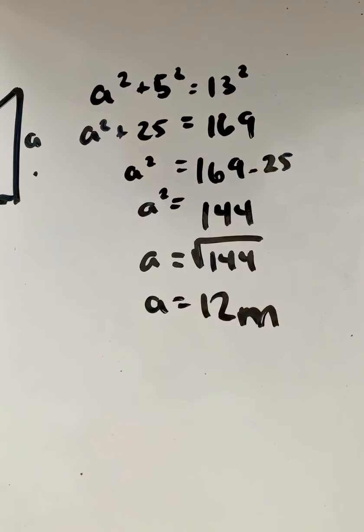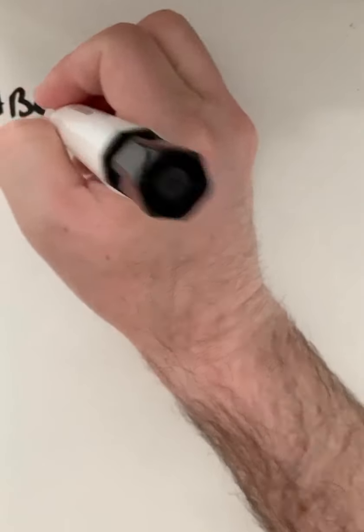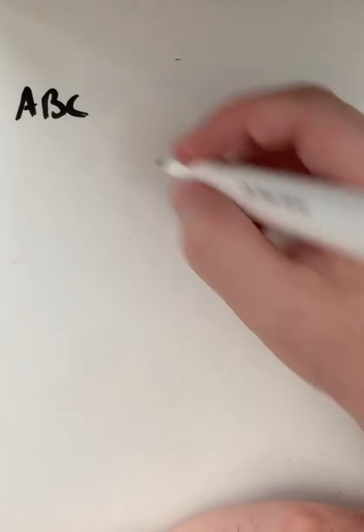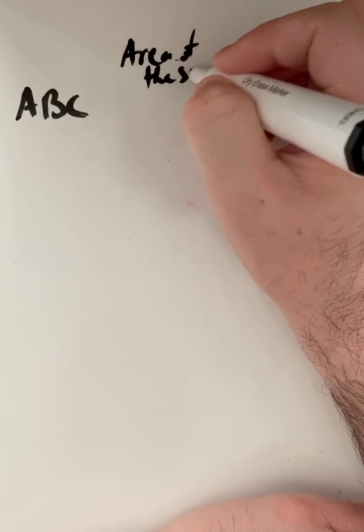The last one, and the one I think a lot of people had challenge with, was the chart in the application question. For instance, it said ABC, and then it said the area of the square of leg 1, the area of the square of L2, and the area of the square of the hypotenuse.